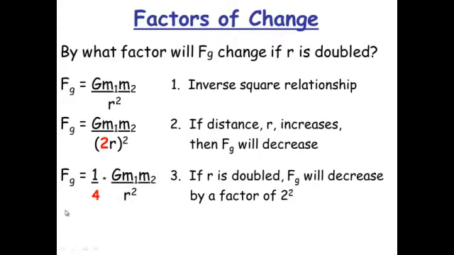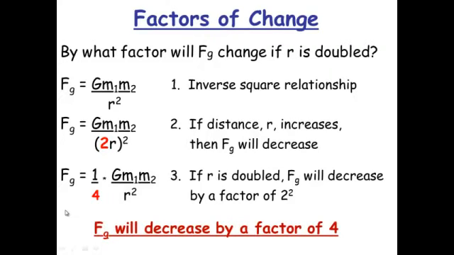So if r is doubled, force of gravity will decrease by that factor squared, 2 squared. Therefore, for our final answer, we know that the force of gravity will decrease by a factor of 4, or it will be divided by 4.